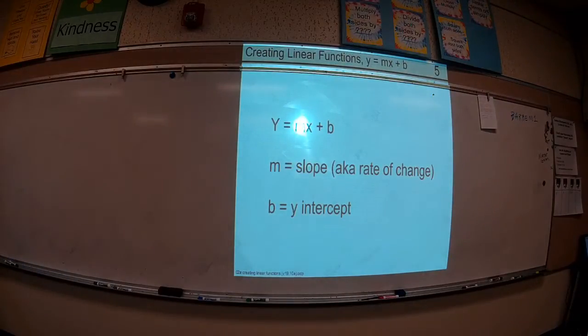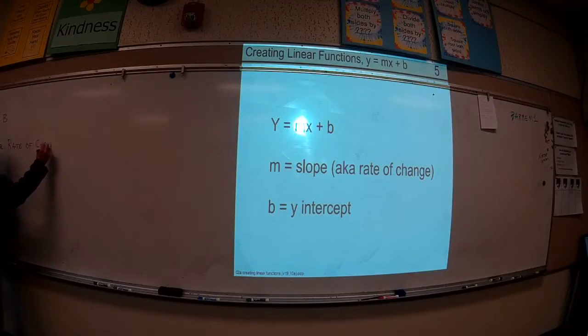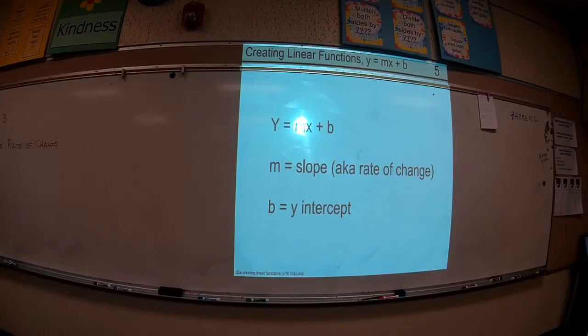What does M represent? Y equals mx plus b. What is M? Raise a hand. If nothing else, read it off the screen. M is the slope, also called rate of change. What is the B?